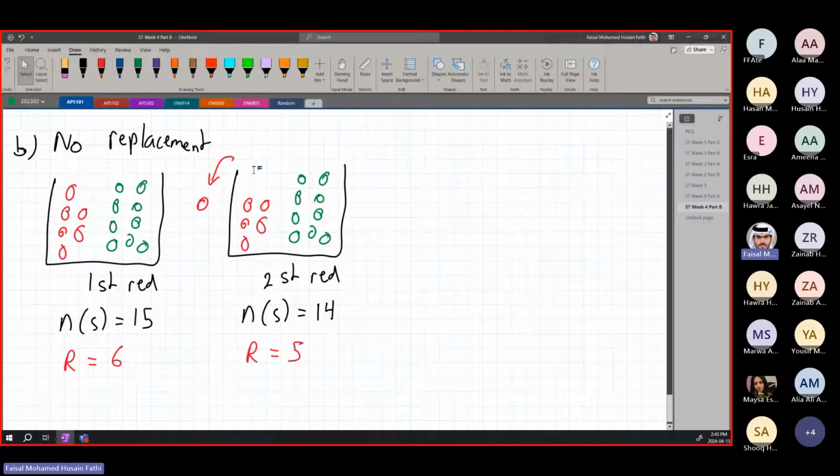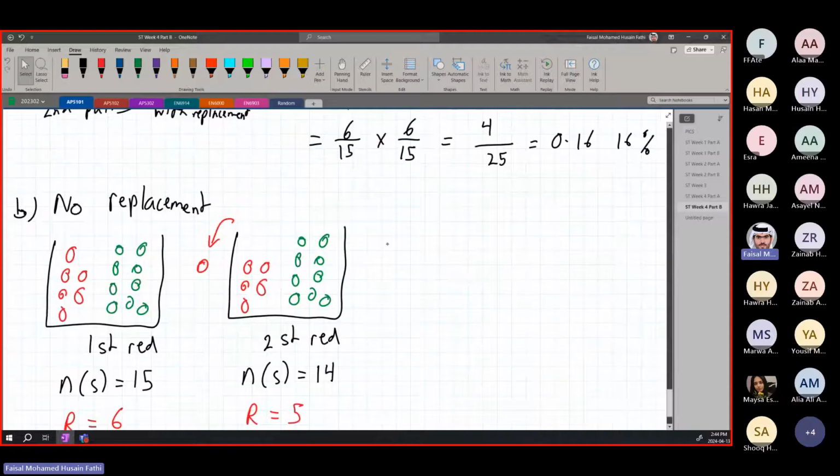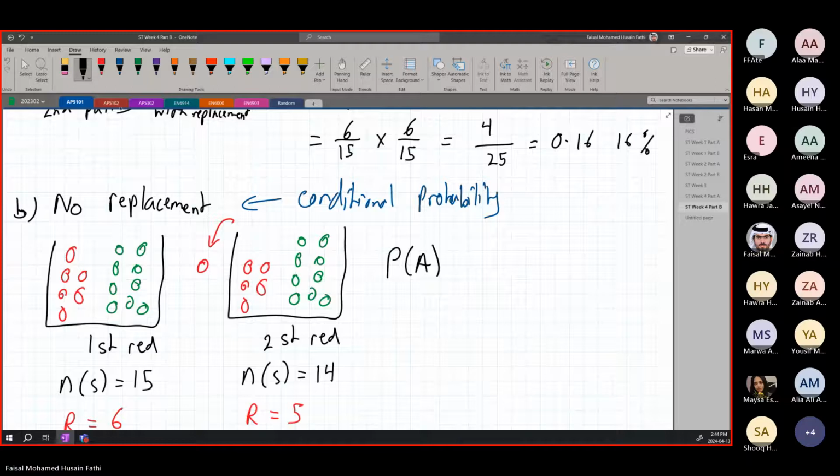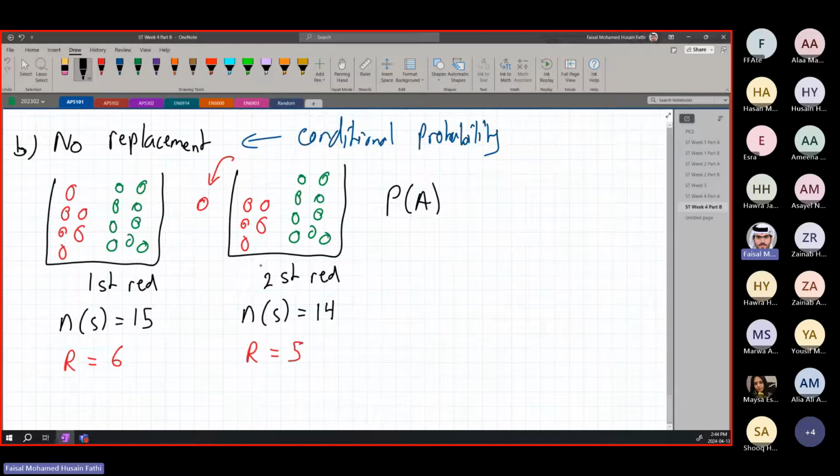When we take out the red ball, and then we want to choose a second red ball, we have a smaller sample space, and the number of red balls is smaller too. So because of that, here we have conditional probability. This is conditional probability. Okay? Meaning that when we are going to use our equation, P of A is basically here.